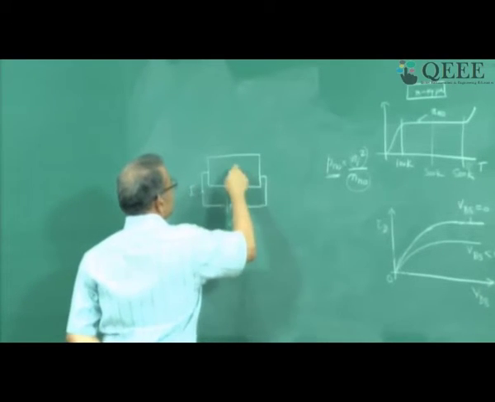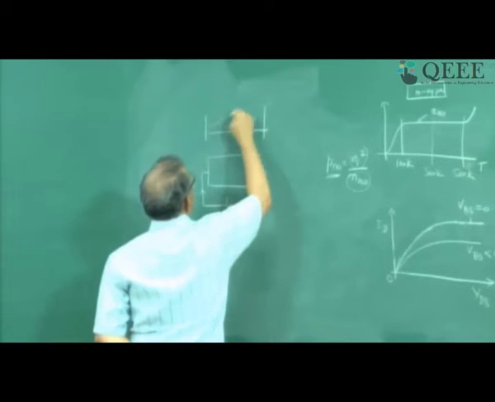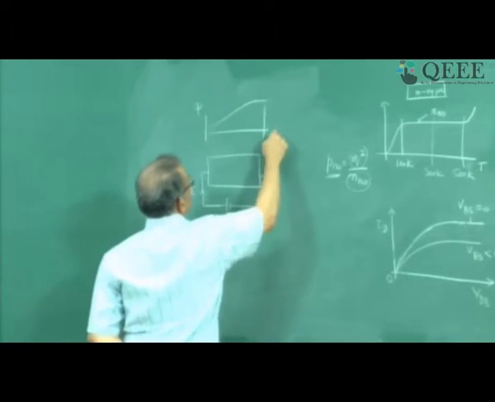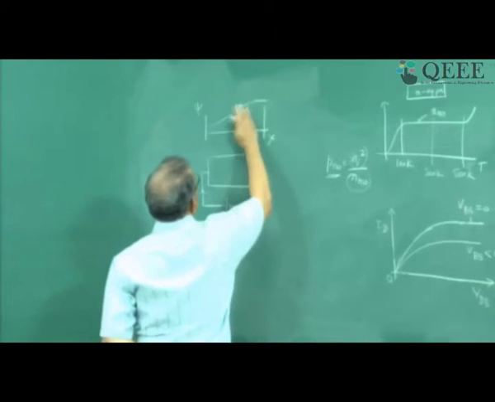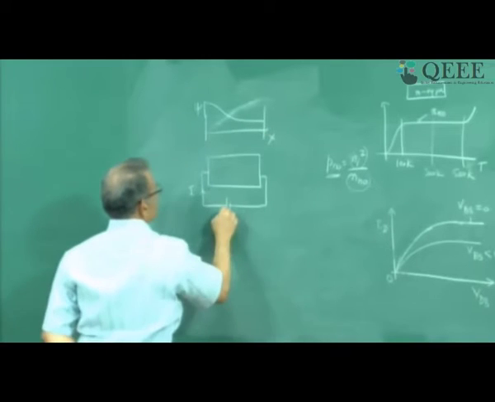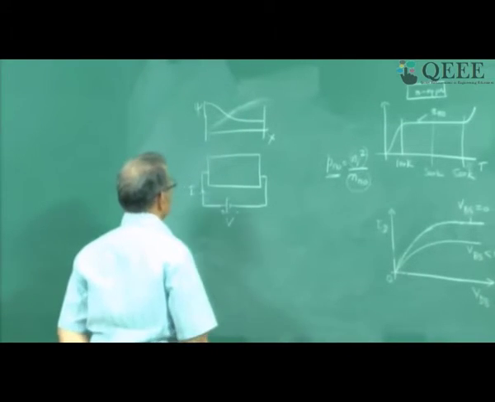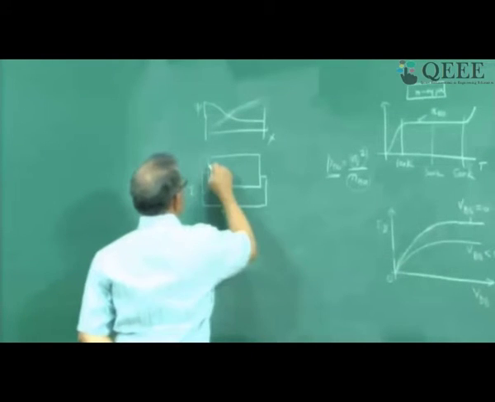So you have analyzed the device, you know what is the potential variation inside, something like this, psi versus x. The potential is more on the left hand side because it is positive. Some psi versus x you have got, and you also got the current density.